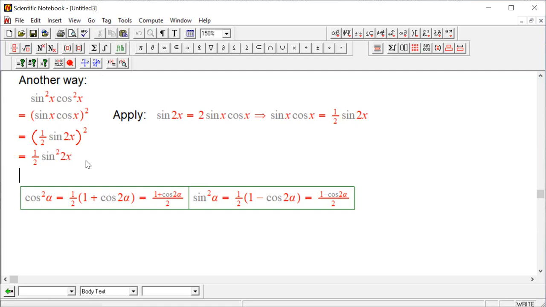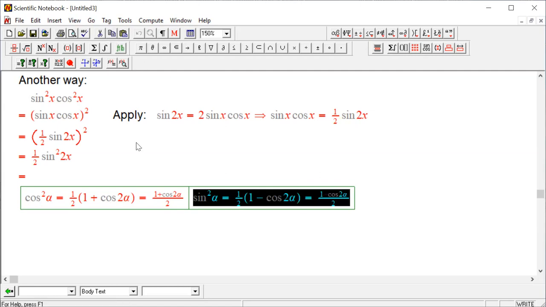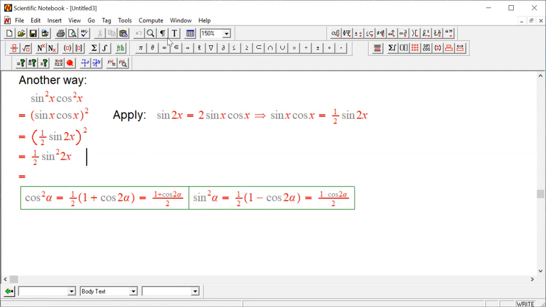And the rest is similar to what we did earlier, except in this case, we're gonna substitute by this formula. So if we apply this piece, sine square of 2x, this alpha becomes 2x. So this is 4x, and that's 4x. By this time, you're probably very familiar with it.